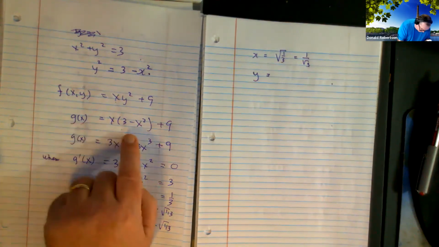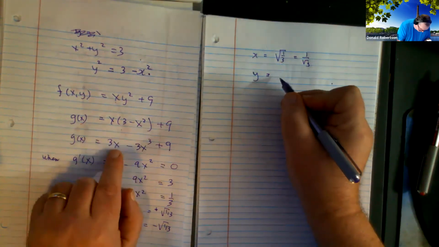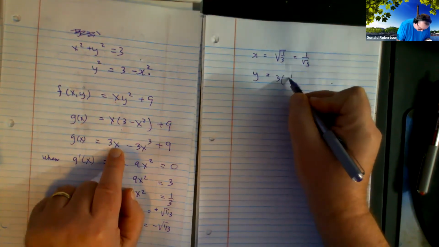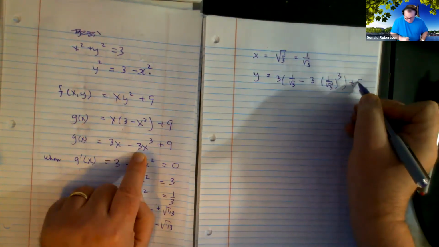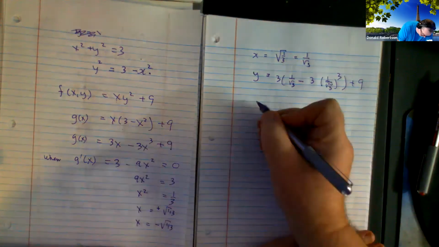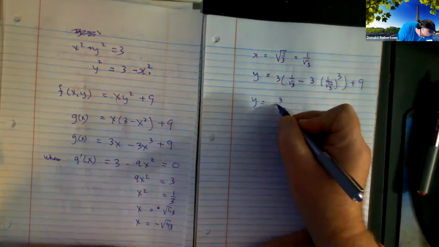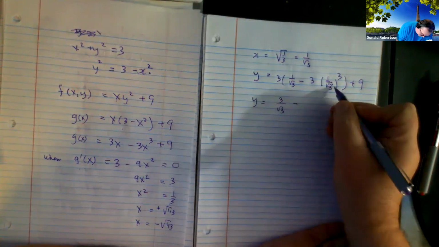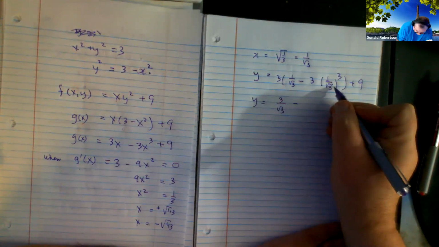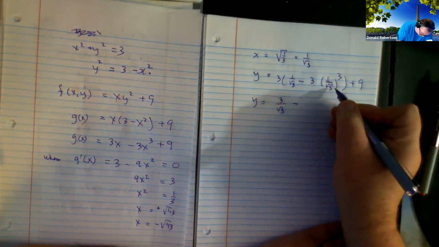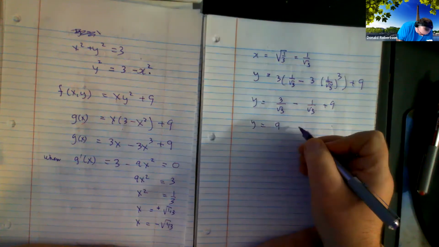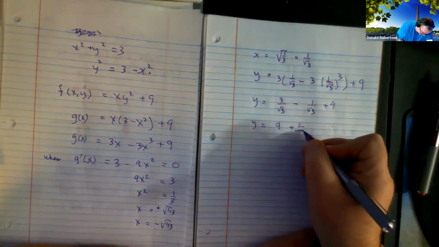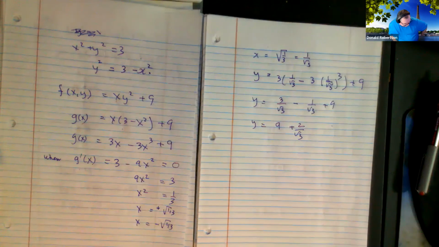So it's going to be 3 lots of the x, take away 3 lots of the x cubed, add 9. And so that's going to be 3 over root 3, take away 1 over root 3, add 9. So I make that 9, add 2 over root 3. And that is very worrying because I've screwed up.